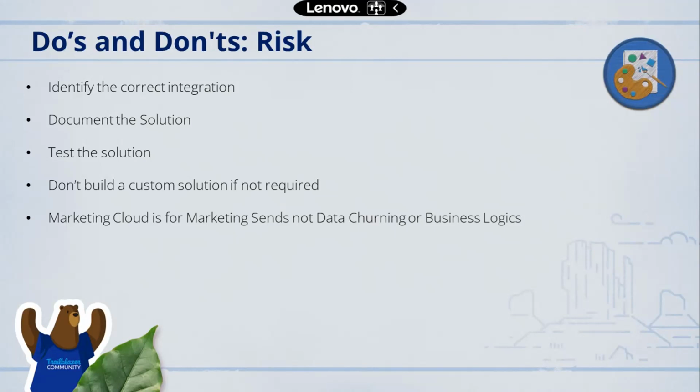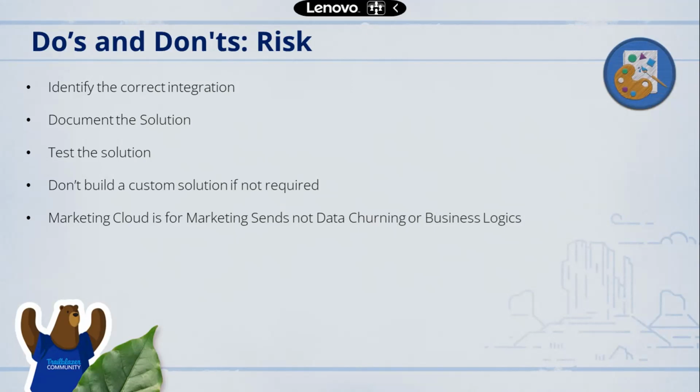Once the solution is built, test the solution. Spend some time testing it end to end. Do your unit testing, do your UAT testing, and test certain use cases which you think take care of regression testing and all of those testing aspects. Again, don't build a custom solution unless it is absolutely required.